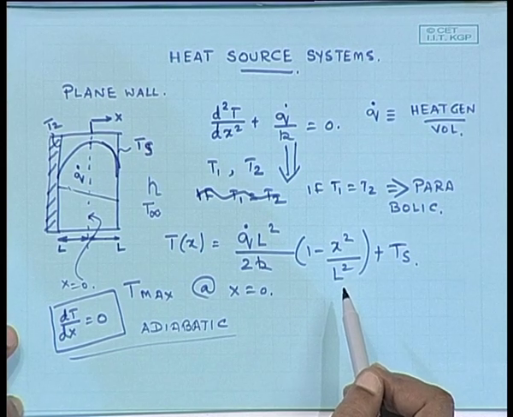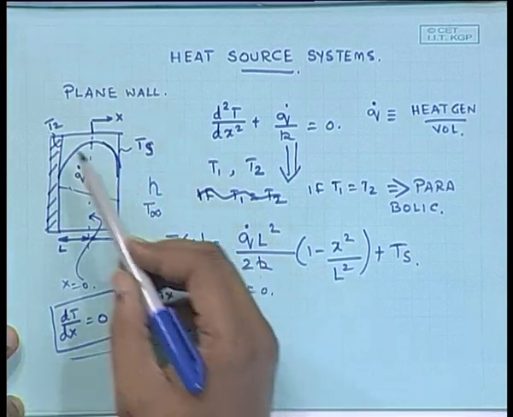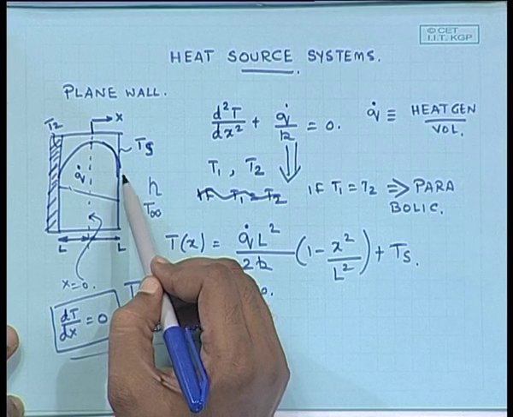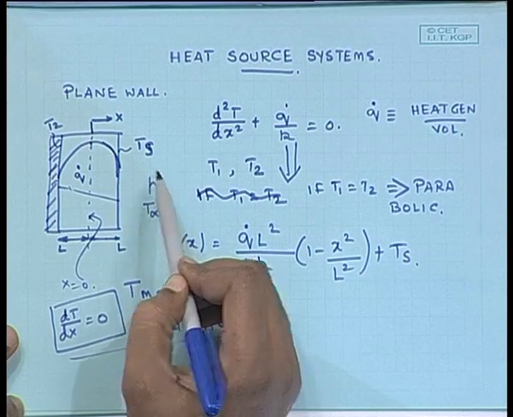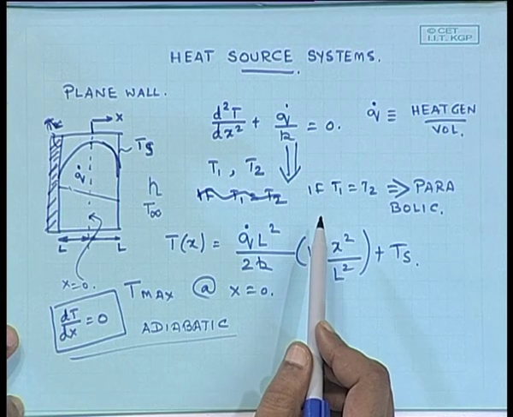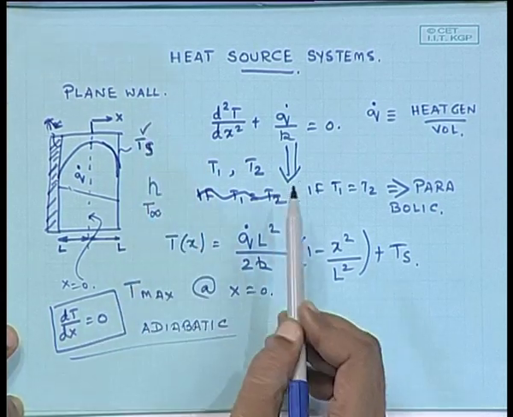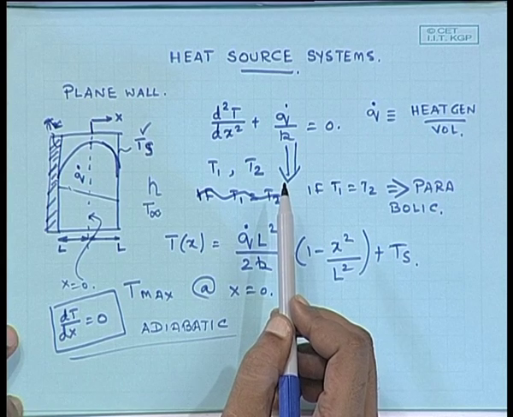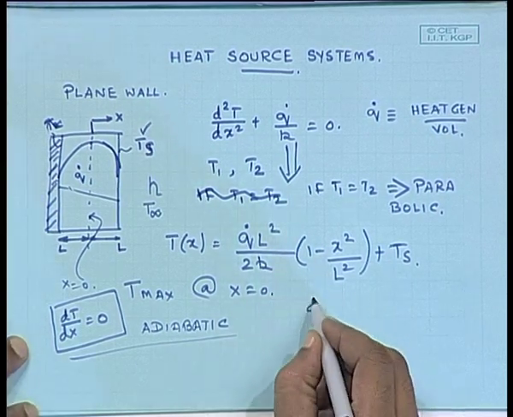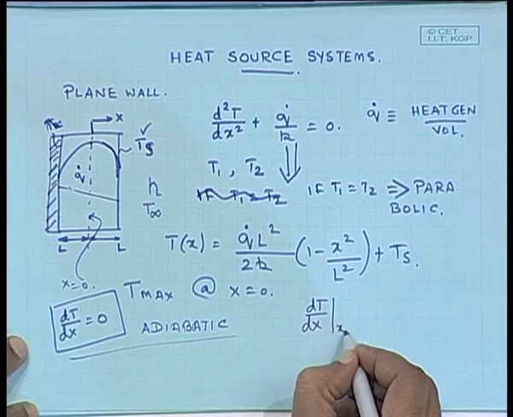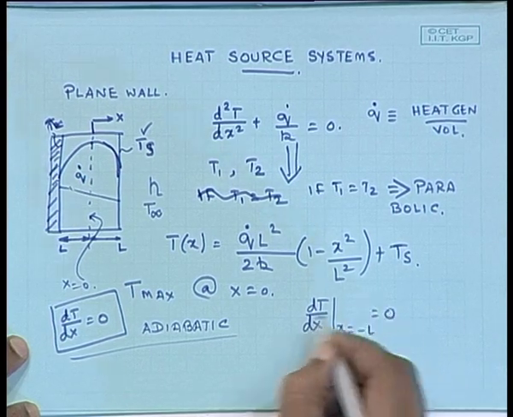Because you do not know T2 in this case. One side perfectly insulated, the other side exposed to a convection environment. So, T2 is unknown to you. You would still like to solve, and Ts is known to you. So, you are going to use that dT dx at x equal to minus L is equal to 0.